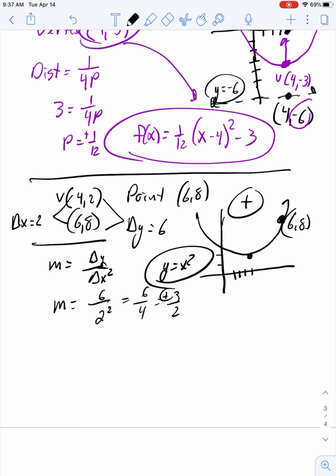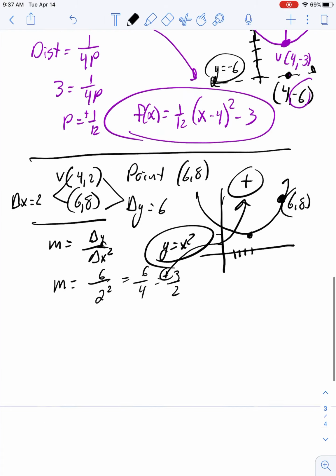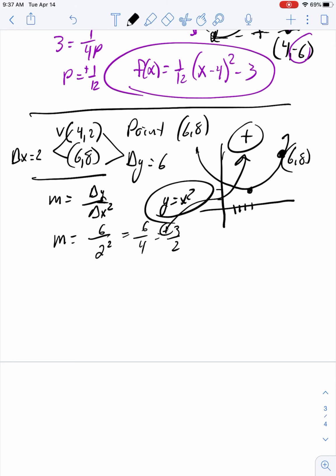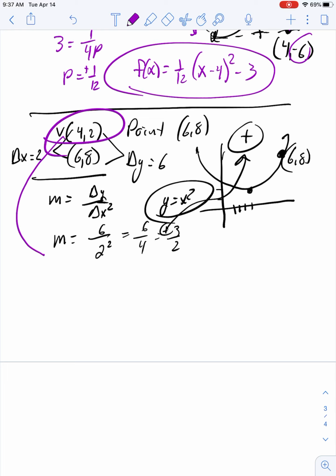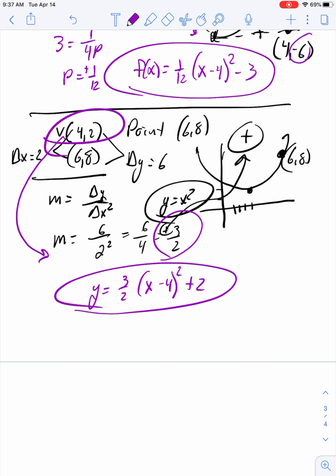And it would be positive because we determined that before we started. So now using my vertex and my scalar, I have y equals 3 halves times x minus 4 squared plus 2. And there I have it.